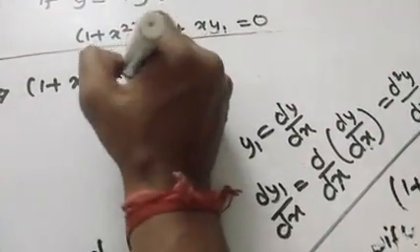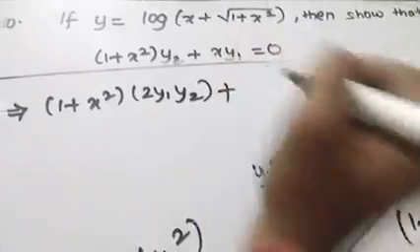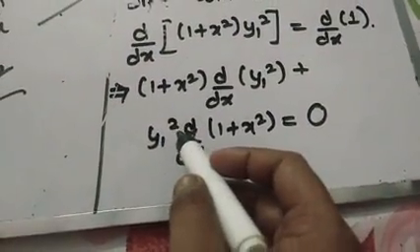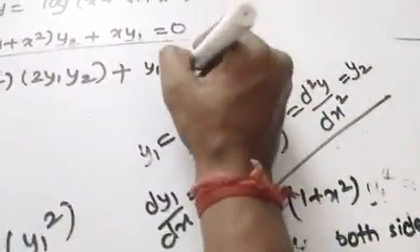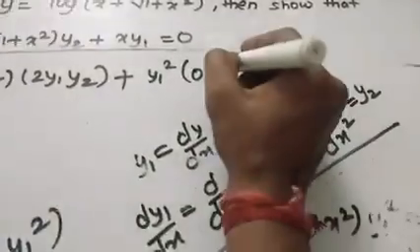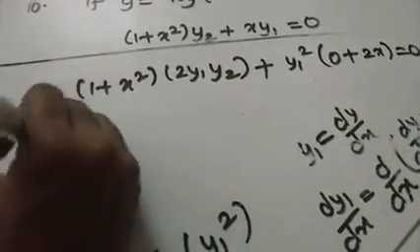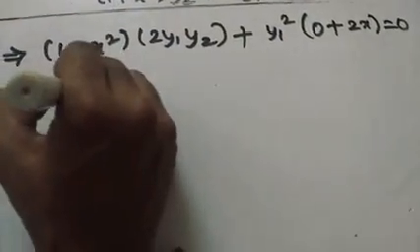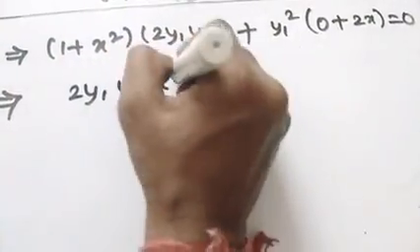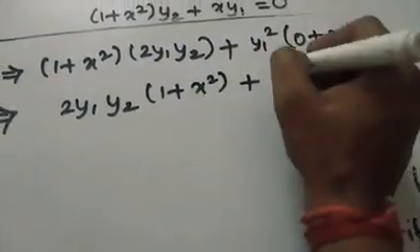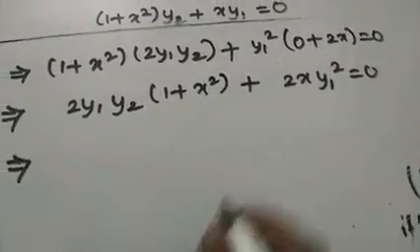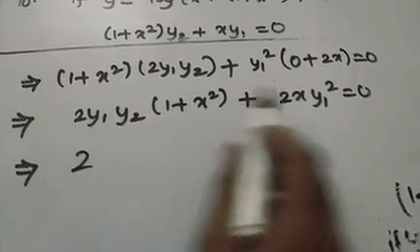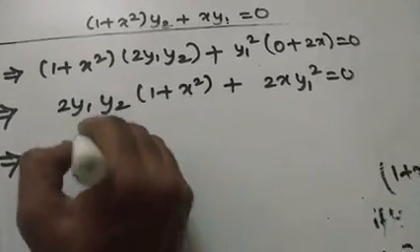So we'll write here 2y1 y2 plus this side y1 square into d/dx of 1 plus x square, that is y1 square, d/dx of 1 is 0, d/dx of x square is 2x, equals to 0. That is 2y1 y2 into 1 plus x square, and here 2x y1 square equals to 0. So what is common between these two terms? 2 is common in both terms, y1 is also common.